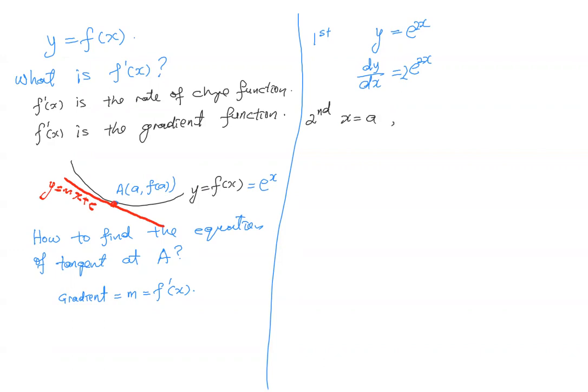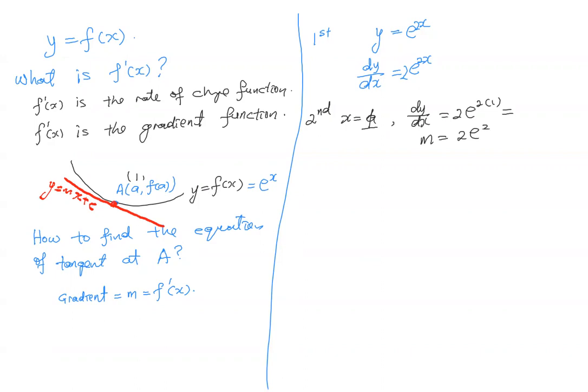So you have to train yourself like that. At a, I say a equal to 1. So dy/dx equal to 2e to the power of 2 times 1. So this is the gradient. So I write down gradient of tangent is 2e squared.